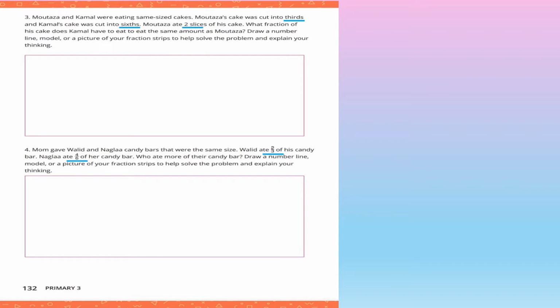2 slices of his cake, and his cake was cut into thirds. Then Mu'taz ate 2/3 of his cake. Now I want to know what Kamal needs to eat to eat the same amount as Mu'taz. So I need to know 2 over 3 equals what over 6.